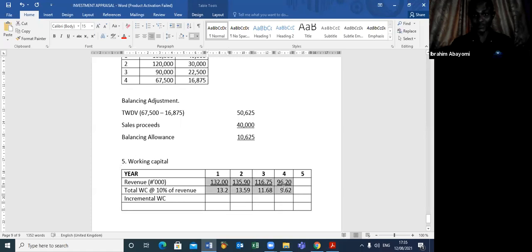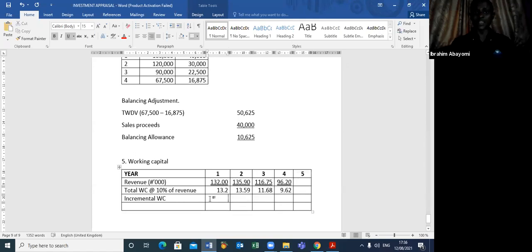I told you then that the moment your working capital is based on incremental revenue, that working capital is already incremental working capital. But today we did not compute incremental revenue. We are using the total revenue. So it therefore means that we need to compute incremental working capital.